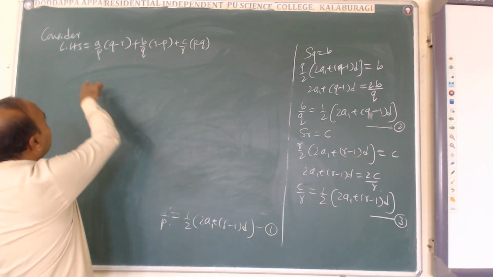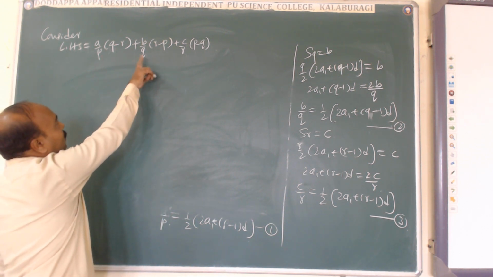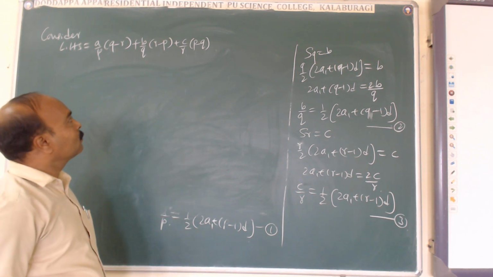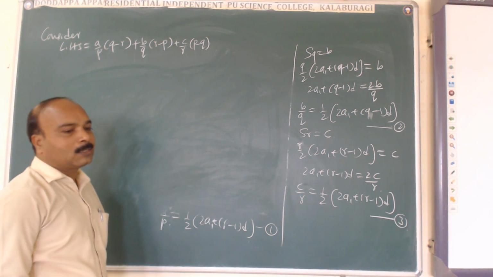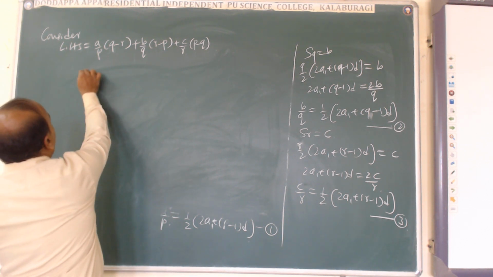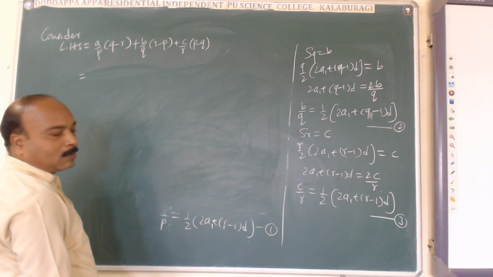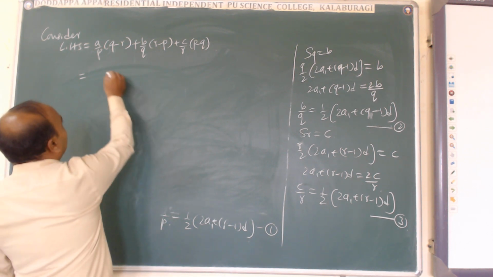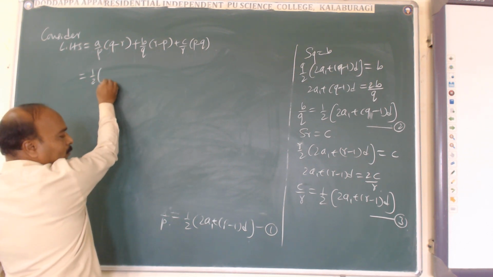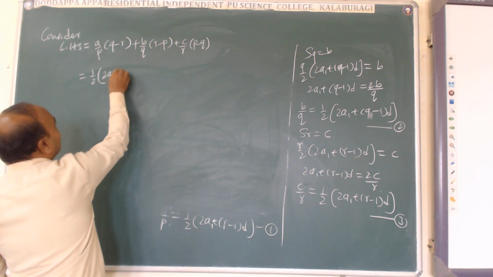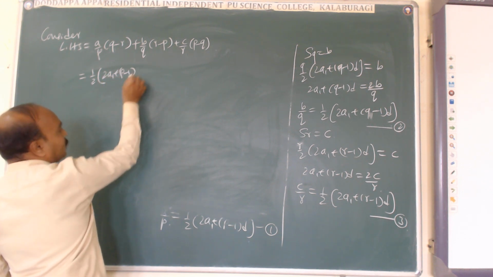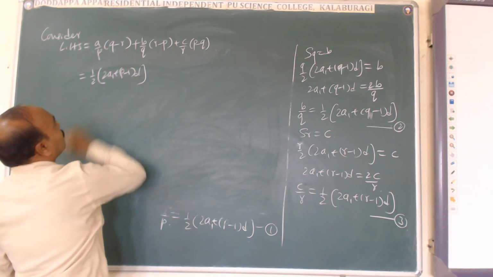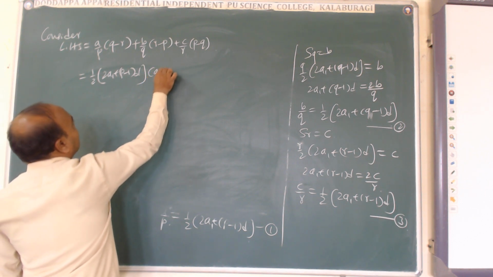So LHS is A by P into (Q minus R) plus B by Q into (R minus P) plus C by R into (P minus Q). Substituting all these values, A by P is 1 by 2 into (2A1 plus (P minus 1) into D) into (Q minus R), as it is, plus.